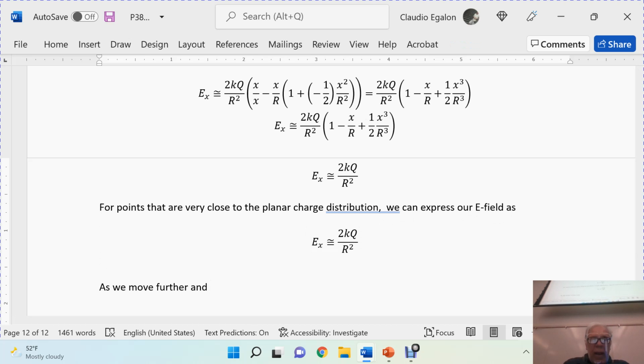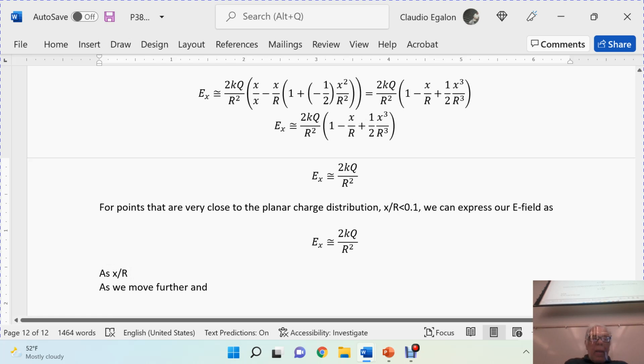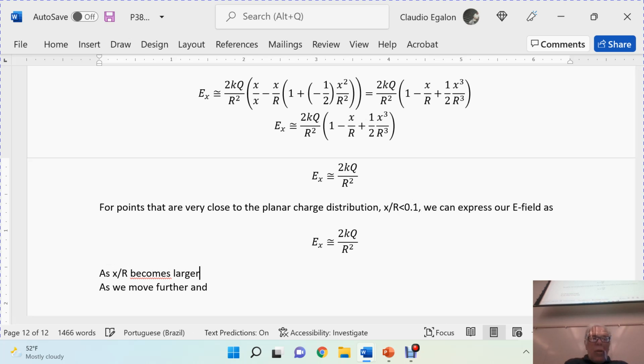It means that x divided by r is less than 0.1, less than 1/10. As x divided by r becomes larger than 0.1 and still less than 1, or something like that.